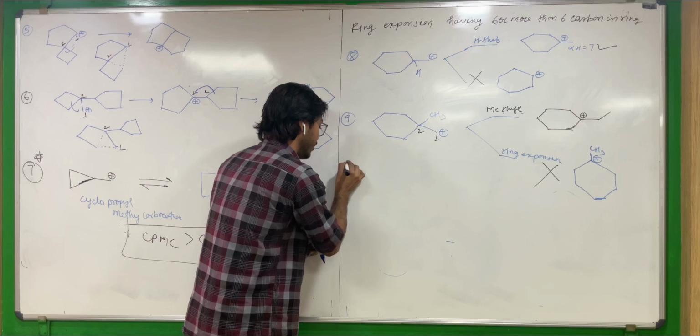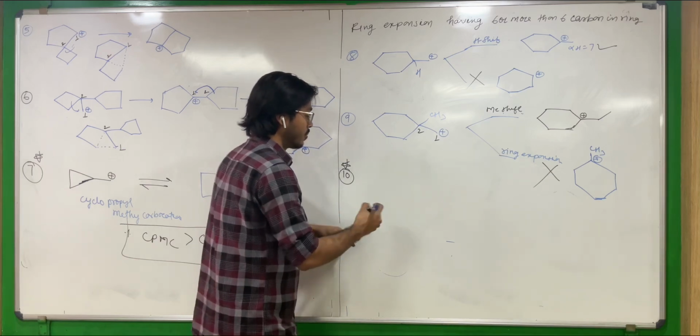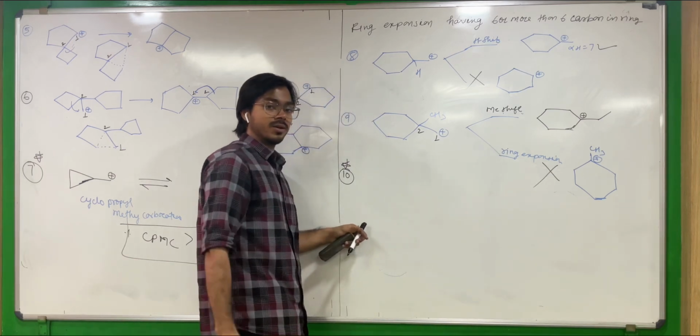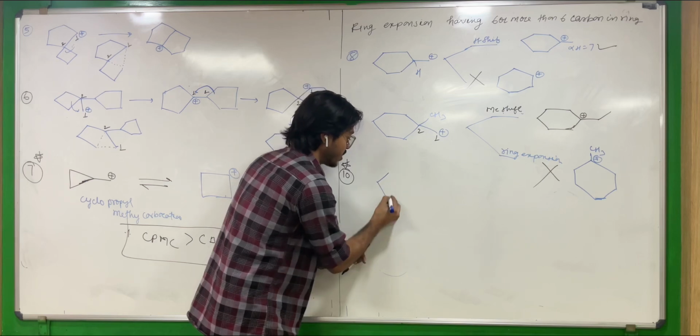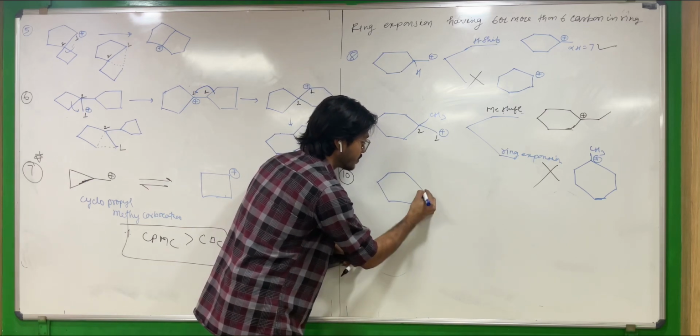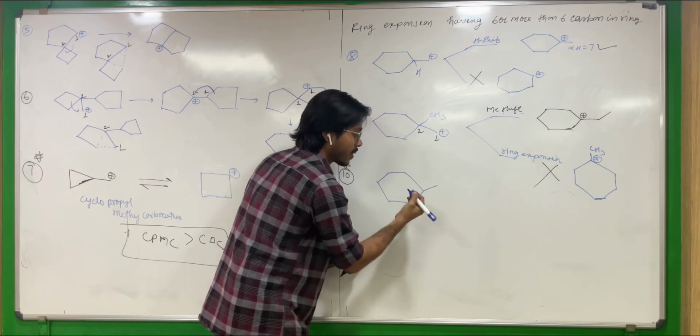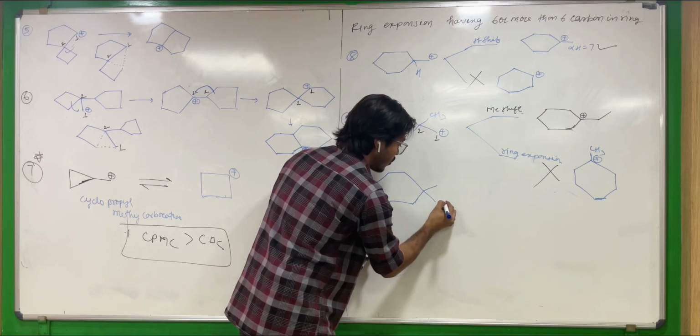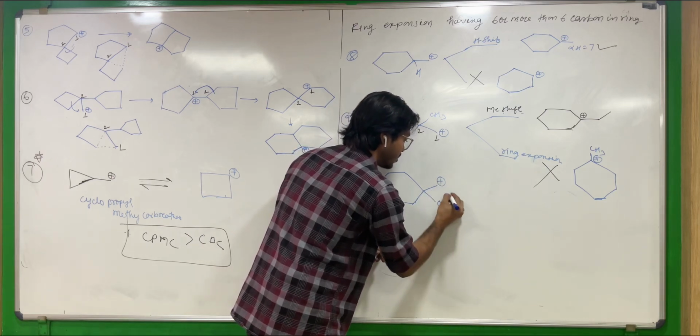Tenth example, very important: when, in the case of a ring having 6 or more carbons, ring expansion will take place. So see this example. Here we have OH and positive charge.